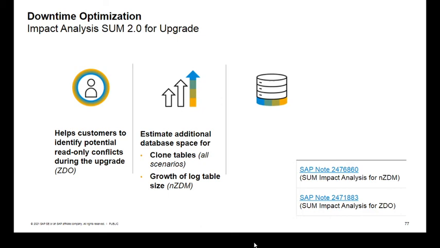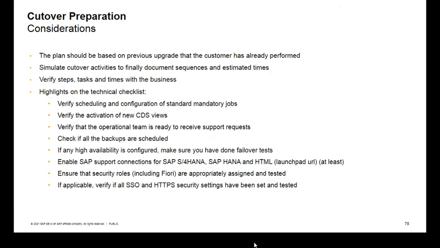Cutover preparations. Of course, you would always keep track, from your previous upgrade experiences, of what sort of activities might have been important. You want to include those as well in the planning for your S/4HANA upgrade. You simulate the cutover activities, and for example, on the technical side, you make sure you have your standard mandatory jobs scheduled and configured.